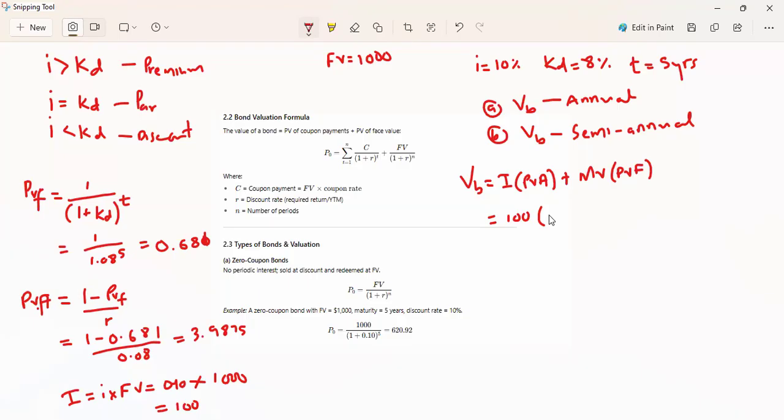Then PVA, what was our present value annuity factor? 3.9875. Then our interest factor, we found 0.681.